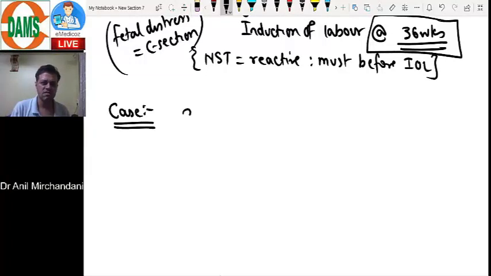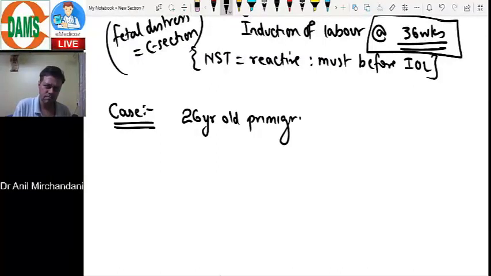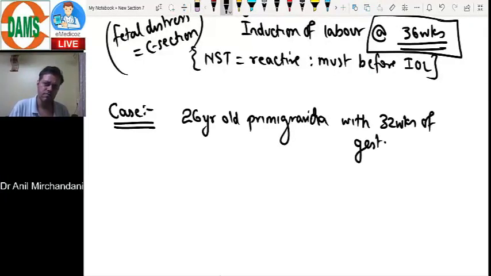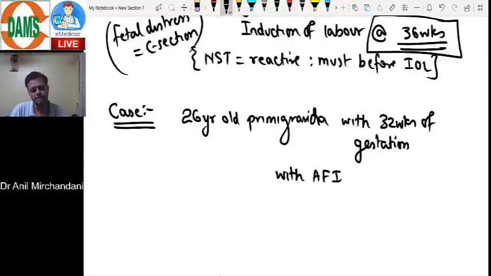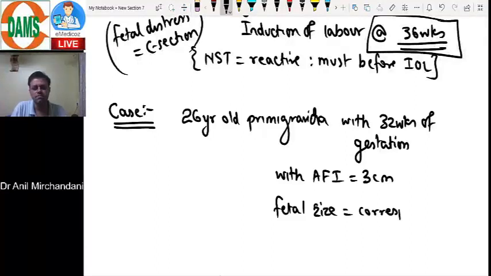Case: 26-year-old primigravida with 32 weeks of gestation with AFI 3 centimeter, fetal size corresponds to period of gestation.